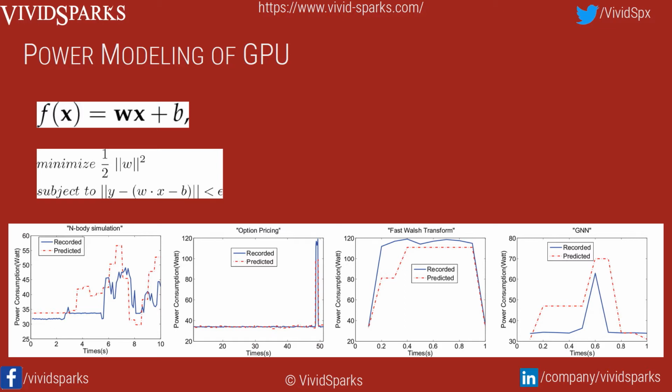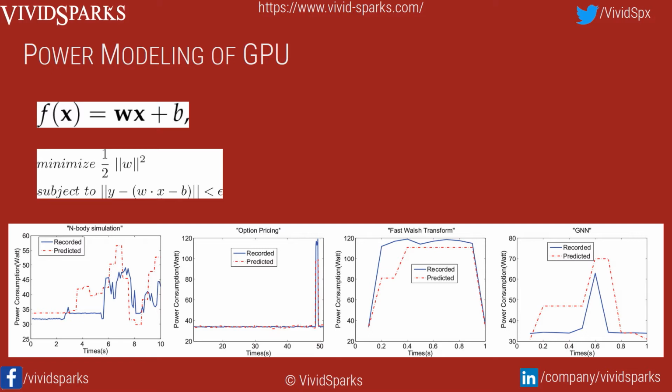The classification can be defined by a discriminant function f(x) equal to wx plus b, where f(x) equal to 0 is the hyperplane and the samples lie on the hyperplane f(x) equal to plus or minus 1, depending on the class they belong to. Usually both parameters w and b are estimated by the SVR, support vector regression model. So this is the usual power modeling for the SVR model.